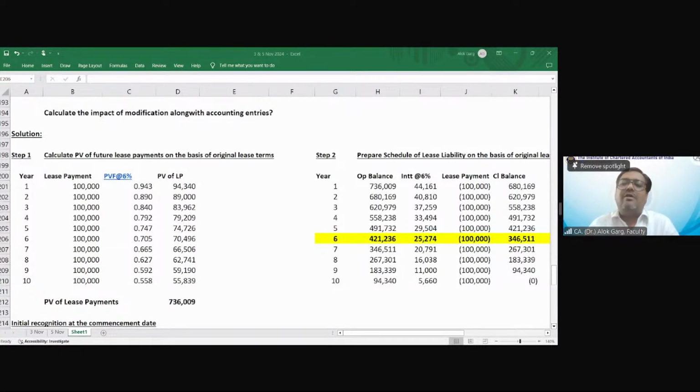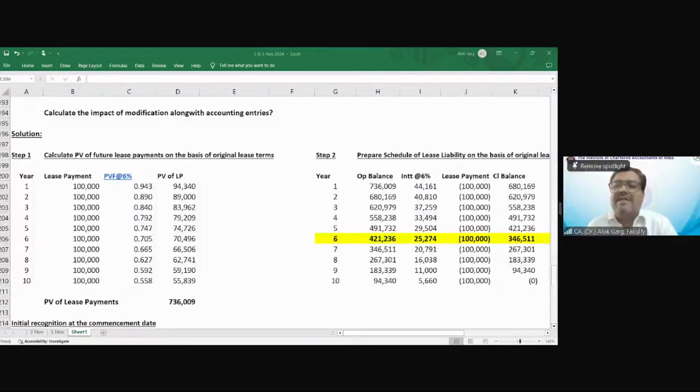Friends, in the next class, I will take 15-20 minutes more on lease modification. Then I will cover the lease and non-lease component, separation of the lease and non-lease component in a lease contract. Then I will cover lessor accounting, which is very simple, and then the sublease concept and sale and leaseback transaction.